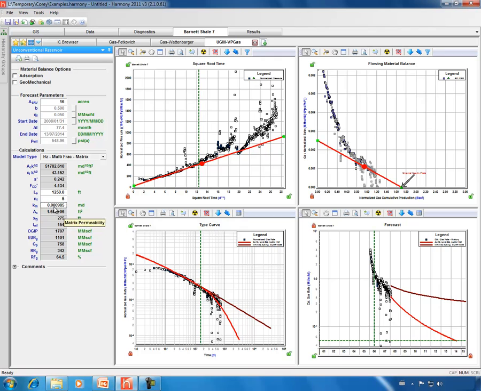So our matrix permeability then would be roughly 0.001, which would be 1,000 nanodarcies or 1 microdarcy. For the Barnett Shale, that's a reasonable approximation of matrix permeability. So it shows that our assumptions here are most likely reasonable assumptions for this well.